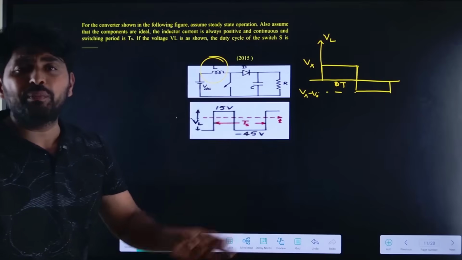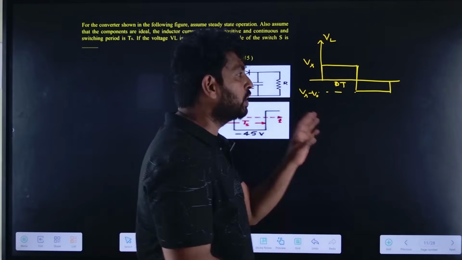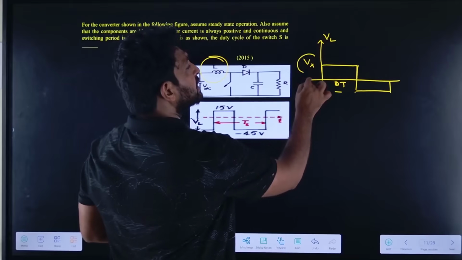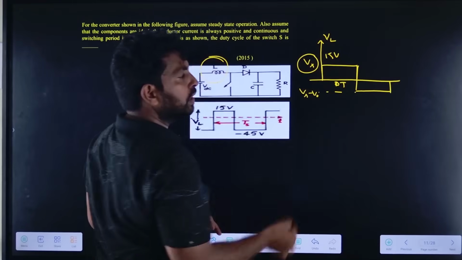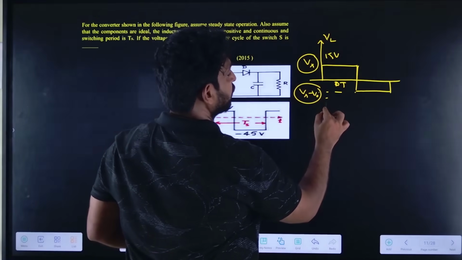If you know the fundamentals, you can find it from this. No calculator is needed, that's why I included this problem. Vs is given as 15 volts and Vs minus V0 is given as minus 45 volts.